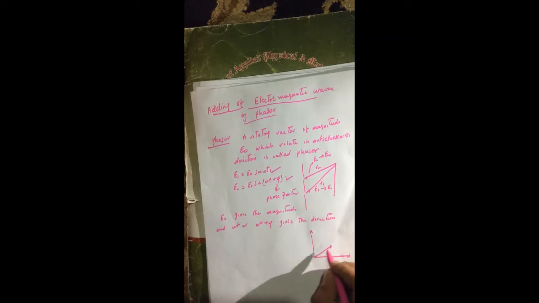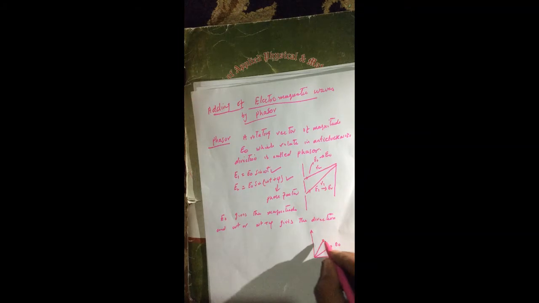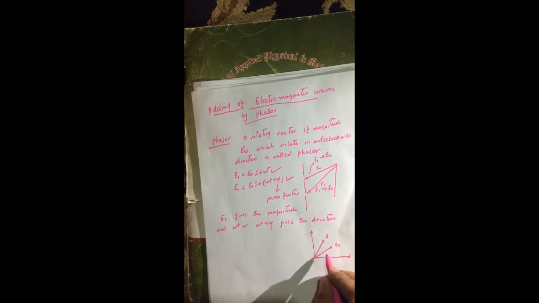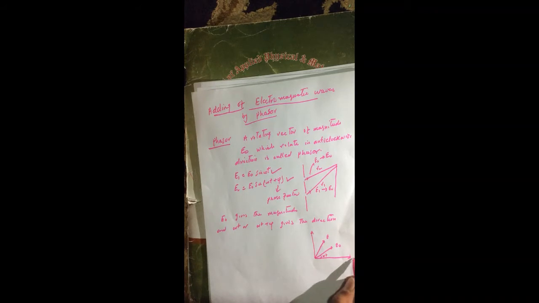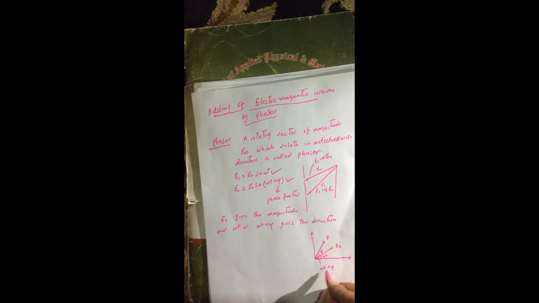Both these vectors have a magnitude E naught, which means both have the same length. This vector makes an angle omega t with this x-axis, and this vector makes an angle phi here. So its total angle is omega t plus phi.